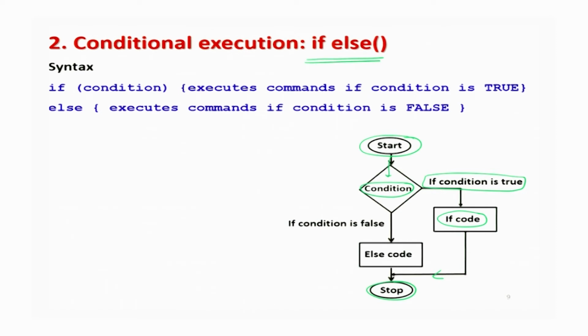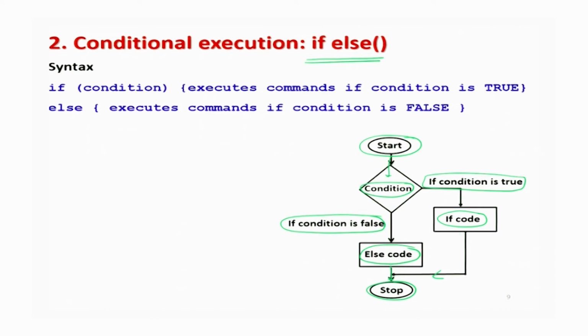But if the condition is false, then in the earlier case there was no output, but now in this case you are going to write some more code, that is called the else code. Means when the condition is false, then the syntax under else is going to be executed, and then after its execution the program will stop. So, this is how this if else condition works.